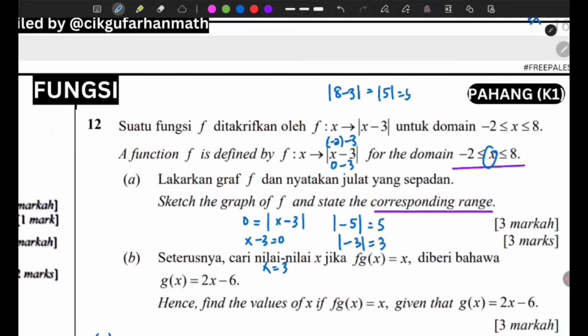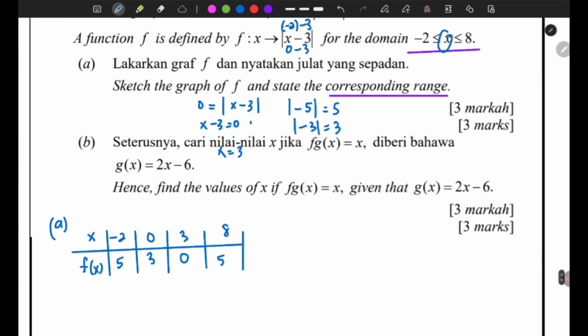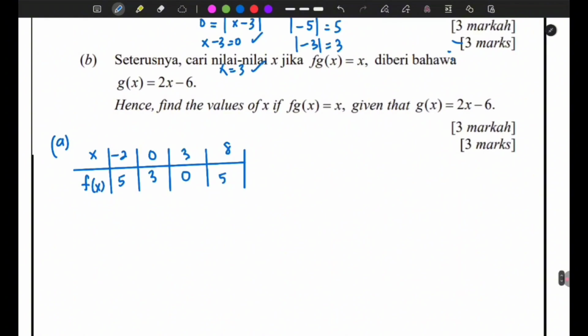Modulus 5 is 5. You don't have to show the substitution because it's just 3 marks. The main marks are for the shape of the graph and the range and maybe your table. So now you already complete your table, right?